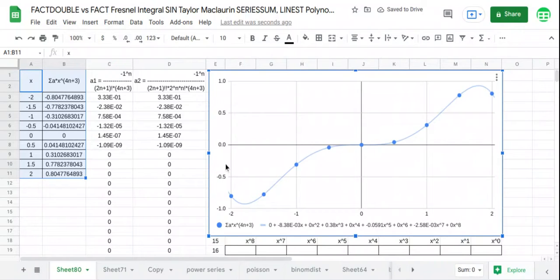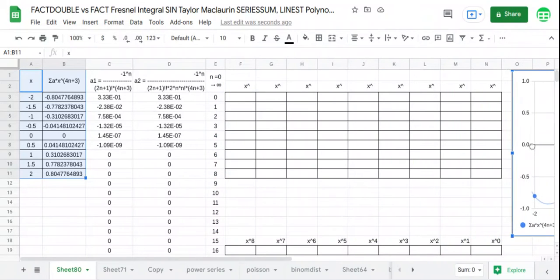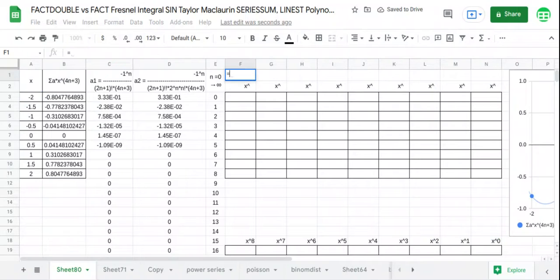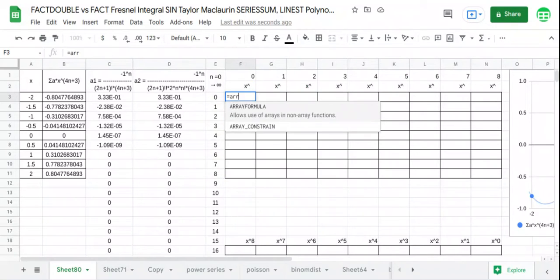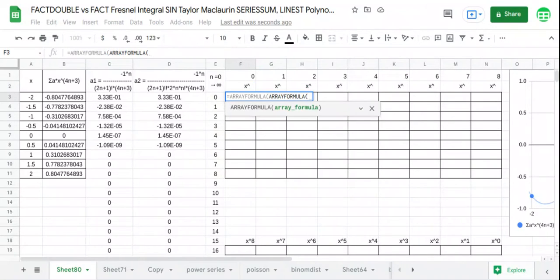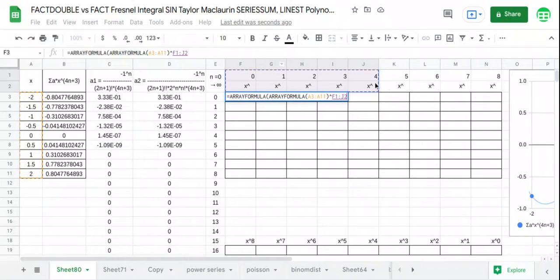We'll calculate this polynomial regression coefficients using Linest. To do that, we complete the Linest matrix, starting with the power. This is equal to transpose 0 to 8. And the elements of the matrix are array formula of the x values raised to the power 0 to 8.